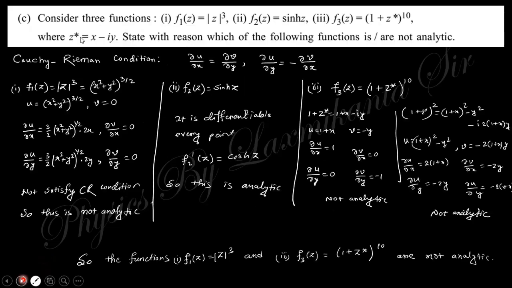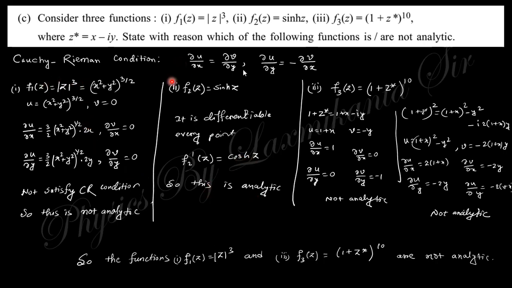Next question, consider three functions given here: f1 equal to z cube, f2 equal to sine hyperbolic z, f3 equal to (1 plus z star) whole to the power n. In the second one, you can see it is differentiable at every point, because if you take the derivative you will get cos hyperbolic z, there is no problem.